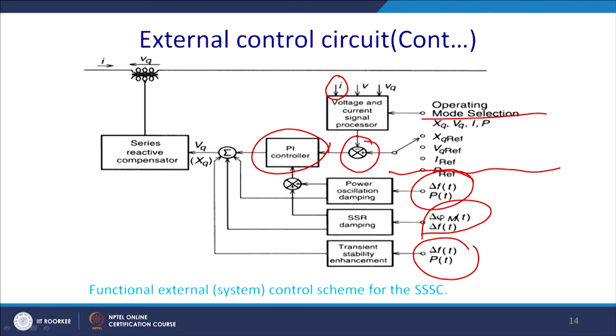From there the term power oscillation damping will come into the picture, and ultimately you will feed this value. You can write out the differential equation, we shall show it in the next class, or we shall give you some assignment on it, that it will be a second order undamped system.